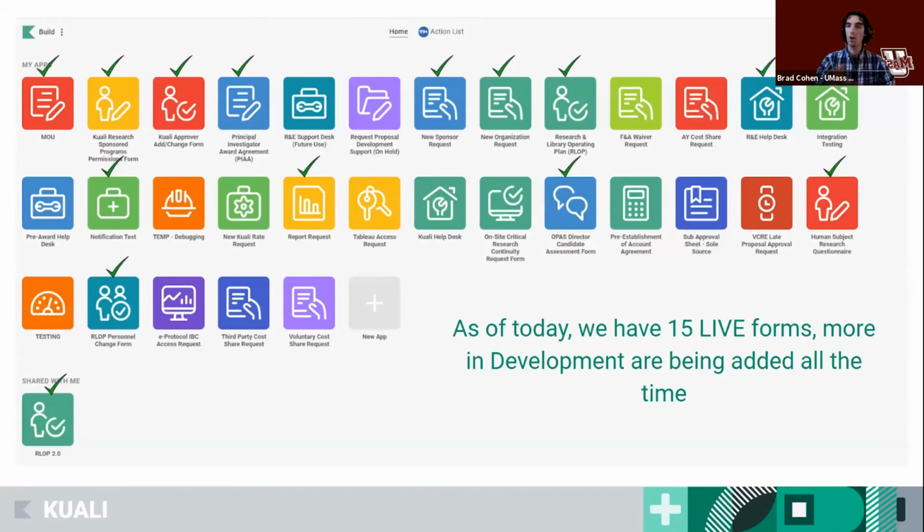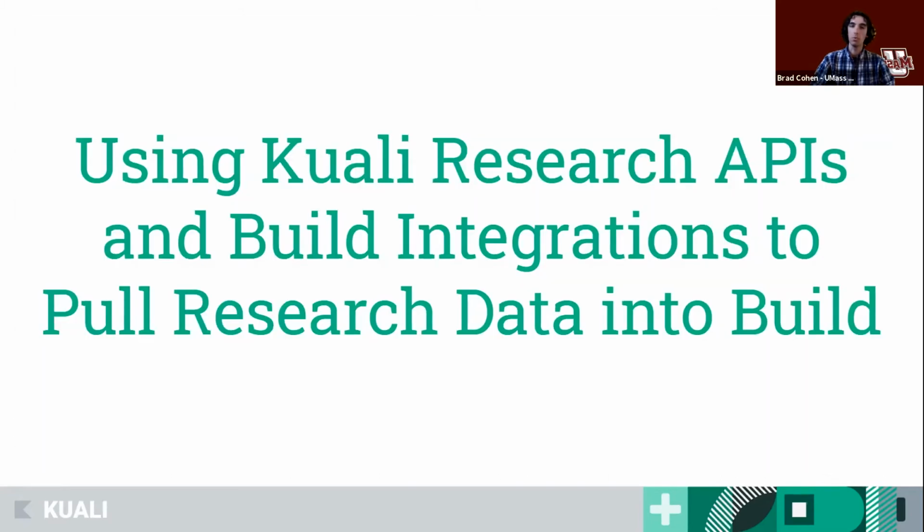This is that all apps dashboard that Amy was talking about. So as of today, we have 15 live forms with more being added in development all the time. And we do make use of the Kuali Research APIs and the Build integrations to pull the research data into Kuali Build.